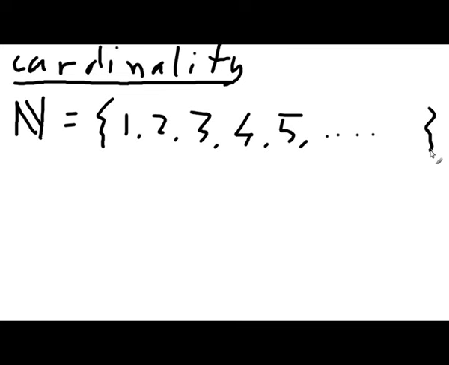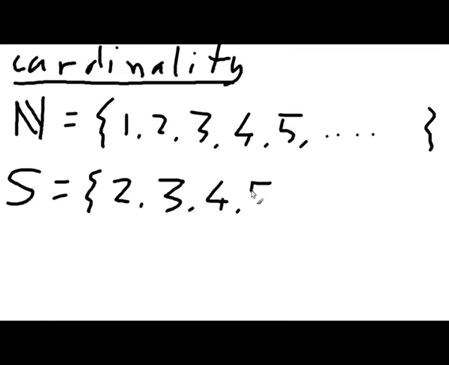Let's consider another set, S, which is almost the set of natural numbers, but I will remove the element 1 from it, right? So it's all the natural numbers greater than 1. So it contains 2, 3, 4, 5, 6, and so on. So if I now try to write the cardinality of the set of natural numbers, let's write that.